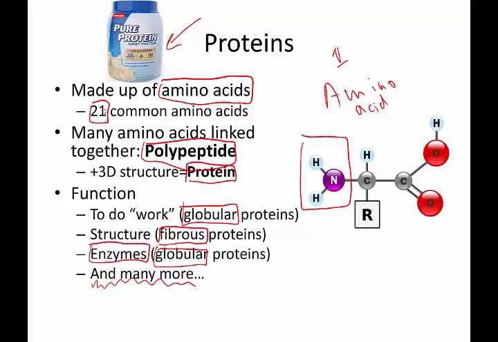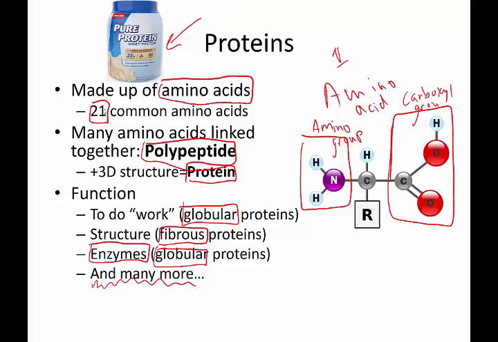Remember, N is an abbreviation for nitrogen, and 2 hydrogens. This is the amino group. On the right-hand side of this molecule, we have the carboxyl group. Here we have a carbon with bonds to oxygen and hydrogen, and then a carbon with another bond to an oxygen. So this is a carboxyl group.